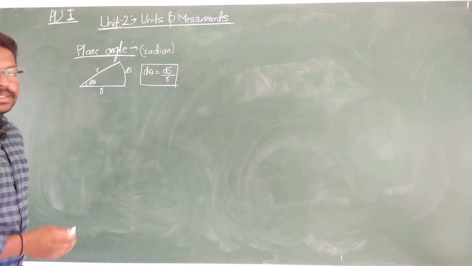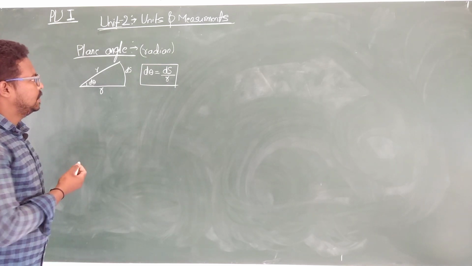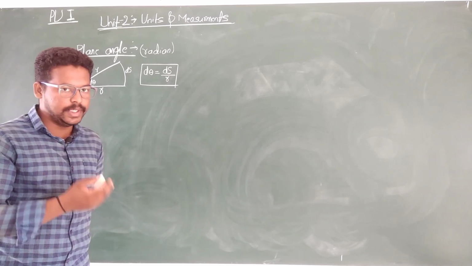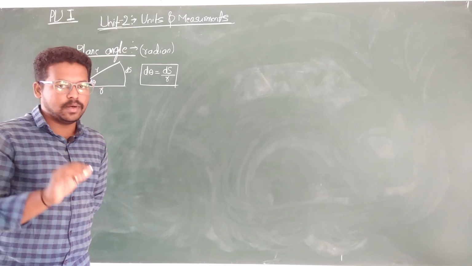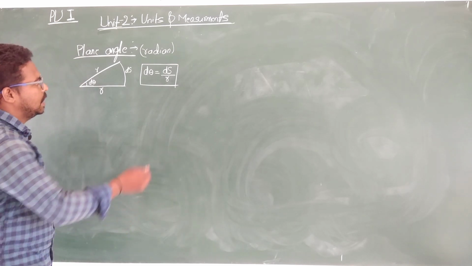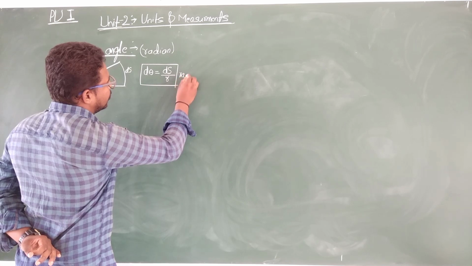So now see that. Radian is defined as the plane angle. Radian is given as the ratio of the length of the arc to the radius of the circle. In front of this we have to write radian.